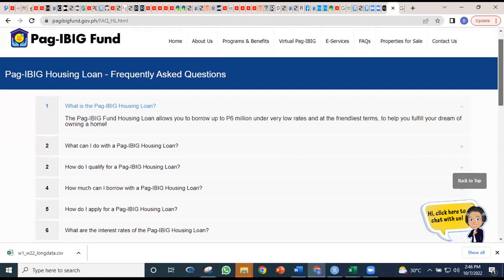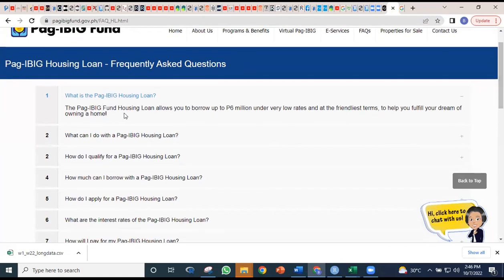This tells us what a Pag-ibig housing loan is. So you may borrow up to 6 million, but of course, 6 million under very low rates. The Pag-ibig provides very competitive rates compared to banks and friendliest terms to help you fulfill your dream of owning a home.